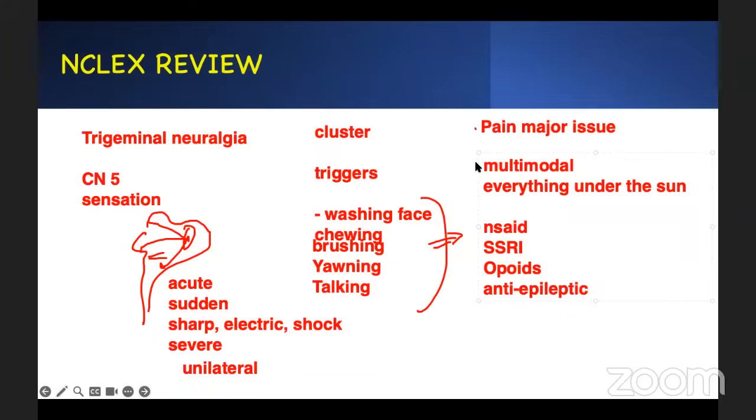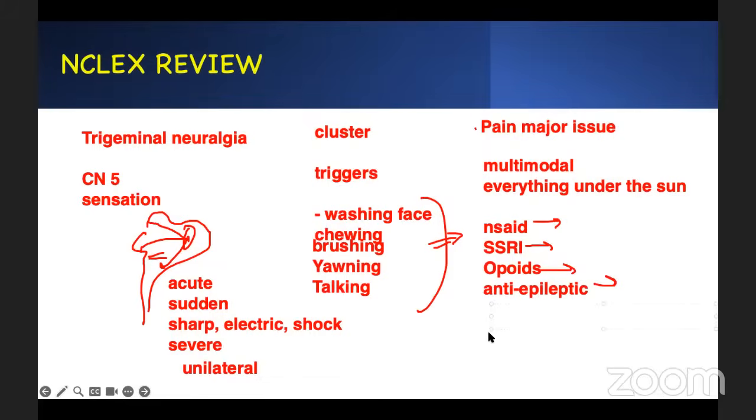These are the groups of medication, and non-steroidal, I mean, we already put a steroid. So if you see an answer choice with a bunch of NSAIDs, if you see antidepressant as part of it, if you see opioid and anti-epileptic, yeah, you have so many options.